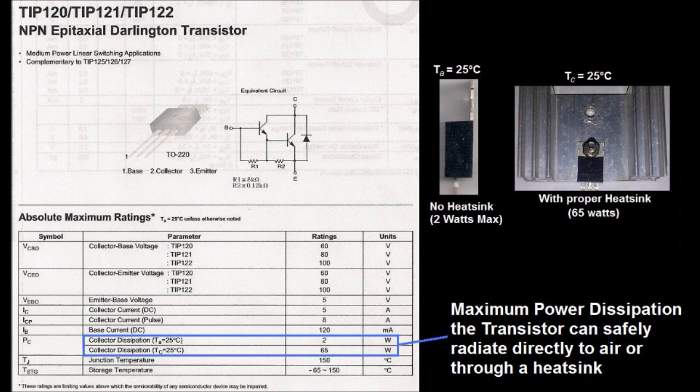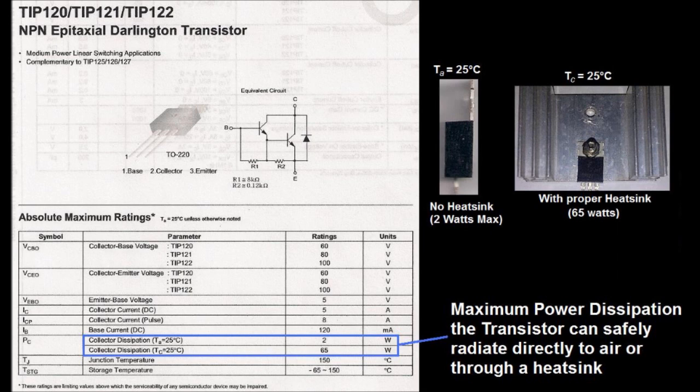The heat sink's purpose is to draw the heat away from the transistor. The bigger the heat sink, the more heat it can draw from the transistor. But the transistor can only safely dissipate 65 watts.